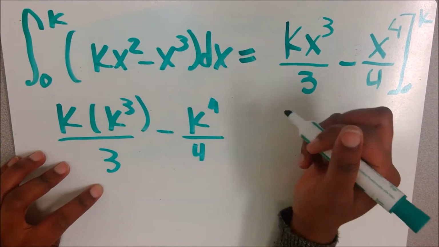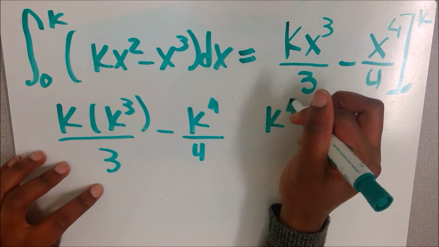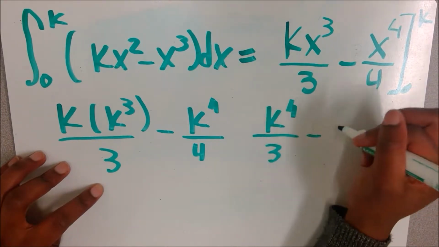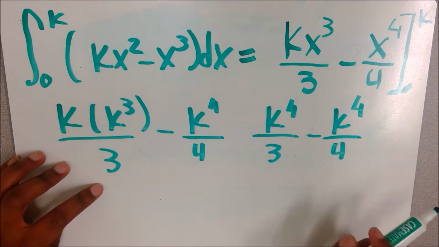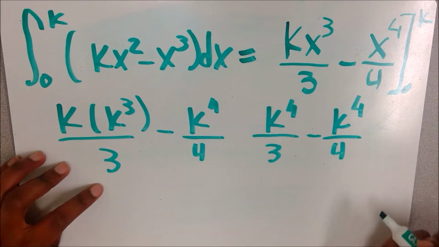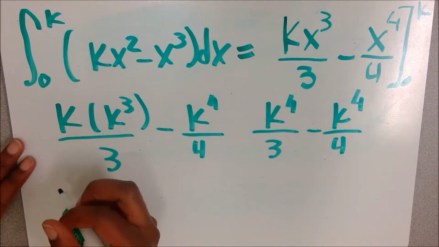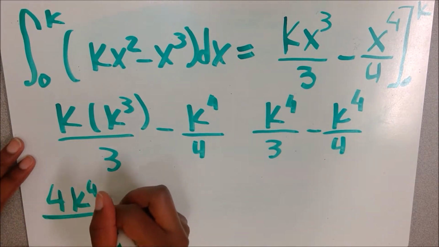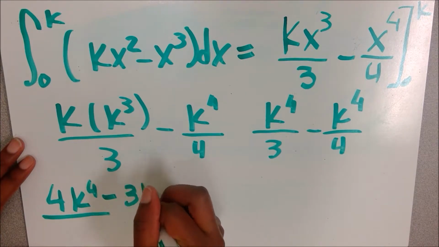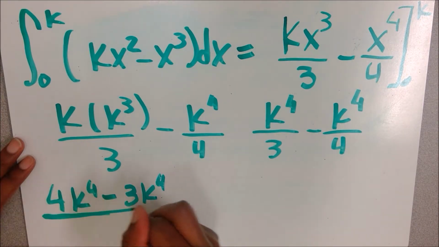If you simplify that further, you get k to the fourth divided by 3 minus k to the fourth divided by 4. Then you need to get a common denominator, which gives you 4k to the fourth minus 3k to the fourth, all divided by 12.